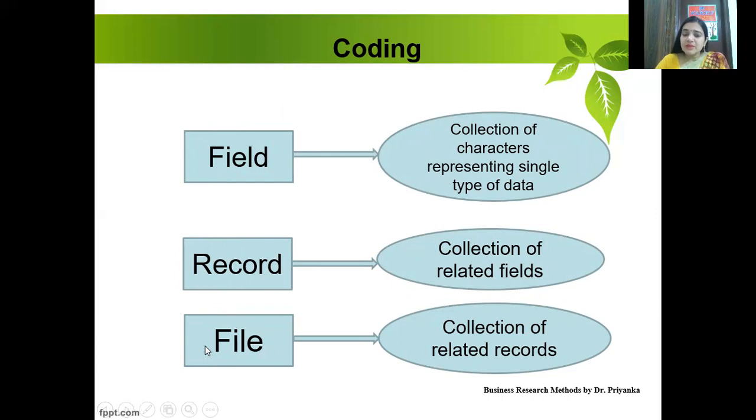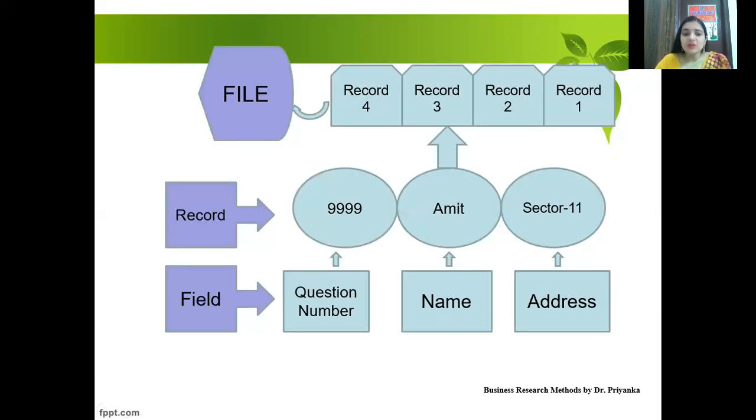So this way we'll be discussing what a field is initially. Field is, for example, your question number or name or address. Record is basically related to field. Question number is this one, and name is this, and address is this. This whole information is just for one questionnaire.